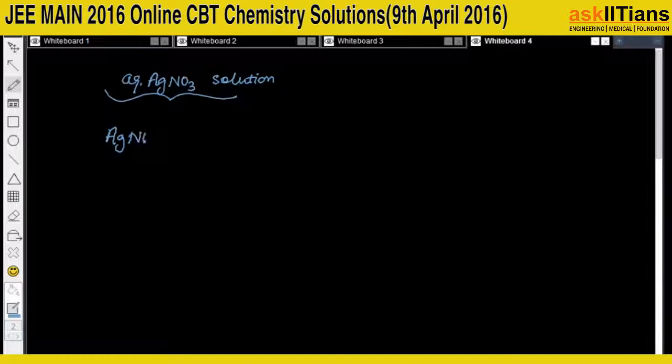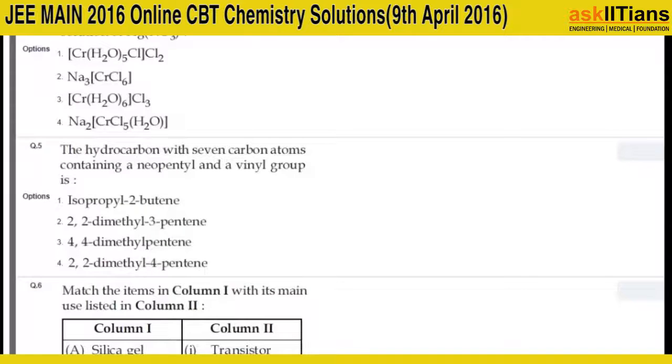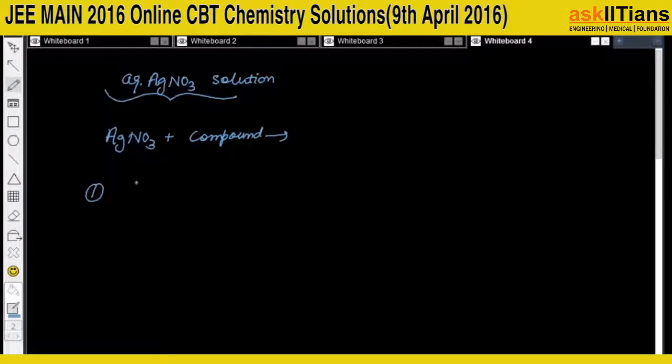I can say that AgNO3 plus the compound. And now the relationships will vary according to the compounds that we have. Taking the first case, you have CrH2O5Cl Cl2. If it is made to react with AgNO3, you will be getting, so see, since according to what concepts you must be knowing about primary and secondary valencies, I can simply say that since these 2 chlorines are little free and hence they will be taking participation in the reaction.